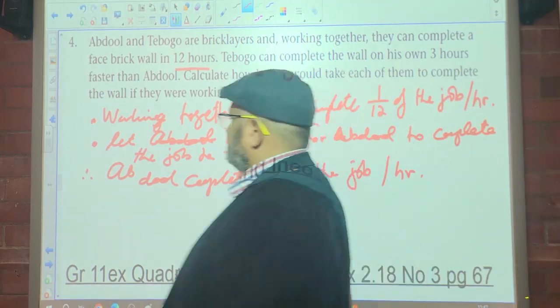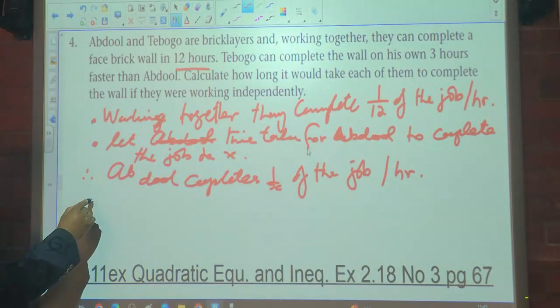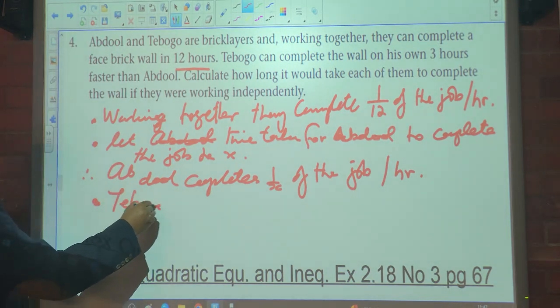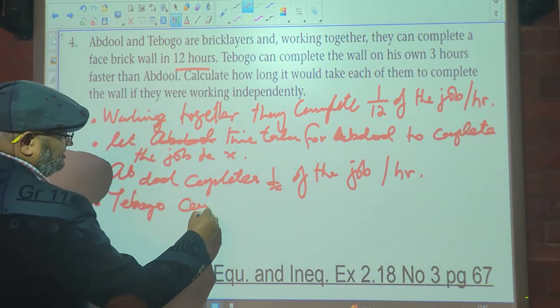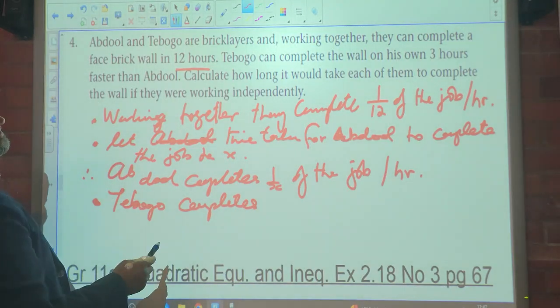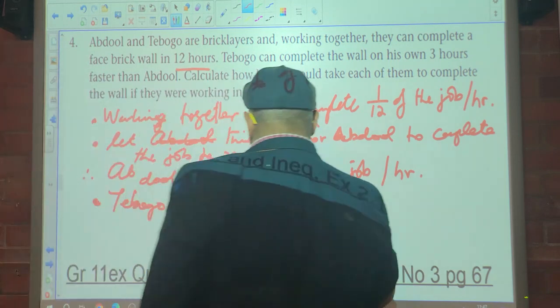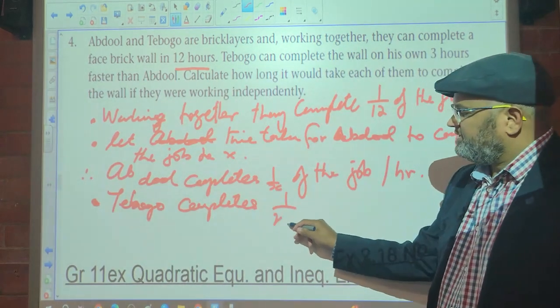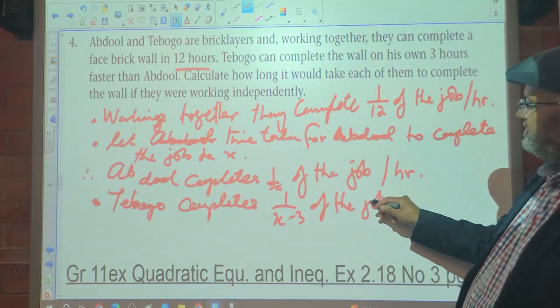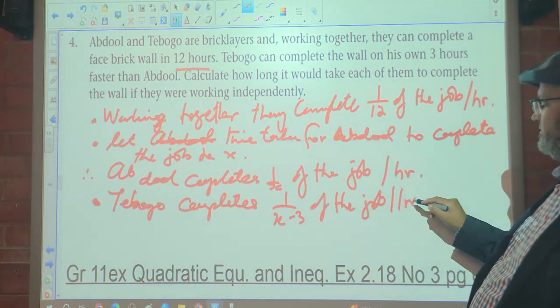Okay, not so, people. So then, the other one completes. He works faster, no? So it's going to be 1 over x minus 3 of the job per hour.